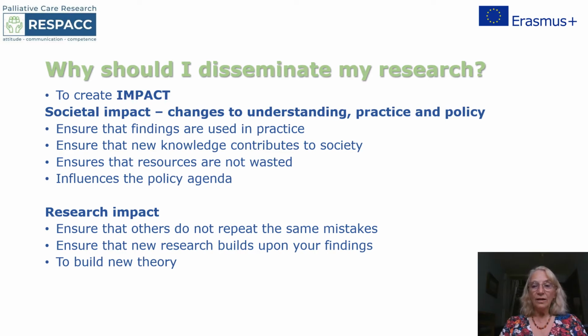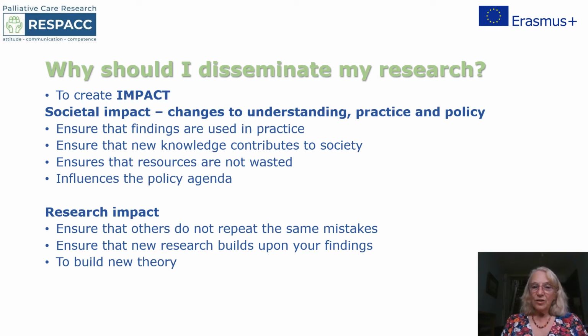If your trial has a non-significant finding, it's also really important that you disseminate that. There may be all sorts of reasons why that happens, but that is a finding as well. So it's important to tell people honestly what you did, how you did it, and what worked well and what didn't work so well in your research.